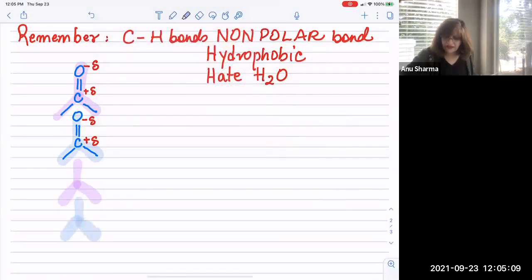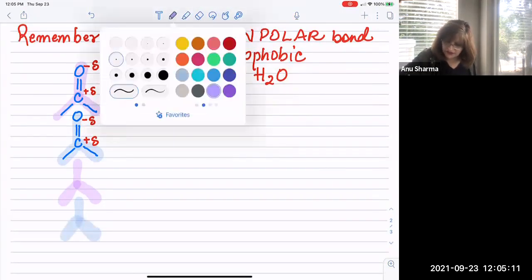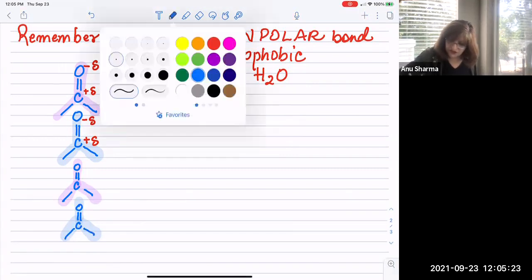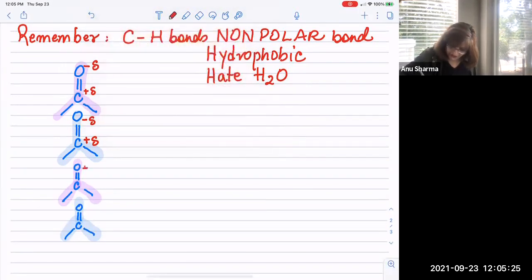So this is how they sit on each other. We will just finish this off: oxygen, double bond, carbon, and CH3, CH3. Oxygen, double bond, carbon, and CH3, CH3. Every oxygen is attracted to carbon.